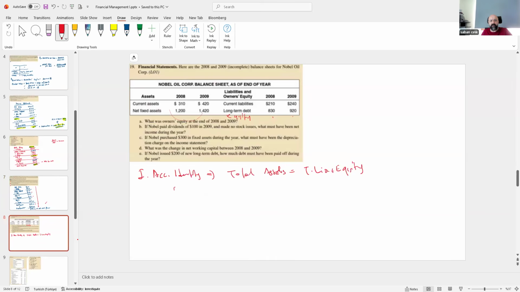Let me write here: for 2008, total asset is 1,200 plus 310, which equals the sum of this 210 plus 830 plus equity. So from this, you will calculate equity here. And for 2009, you will do the same.